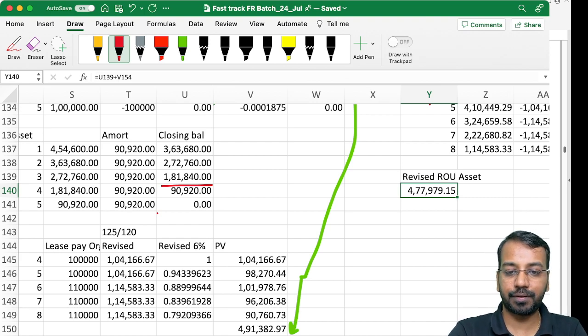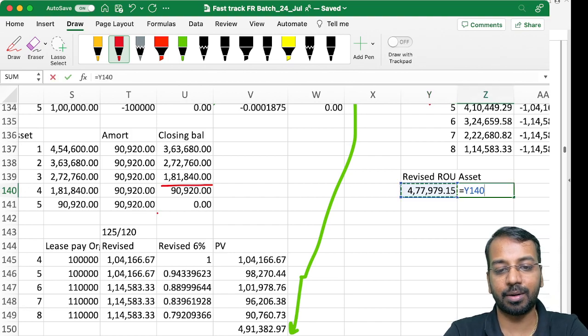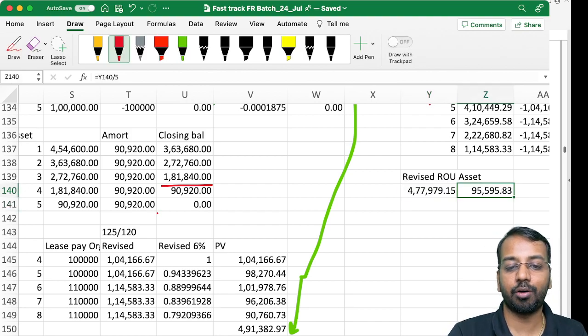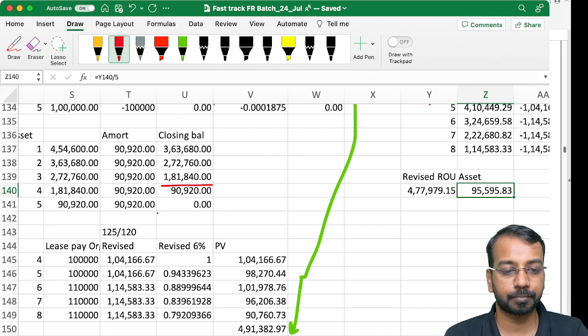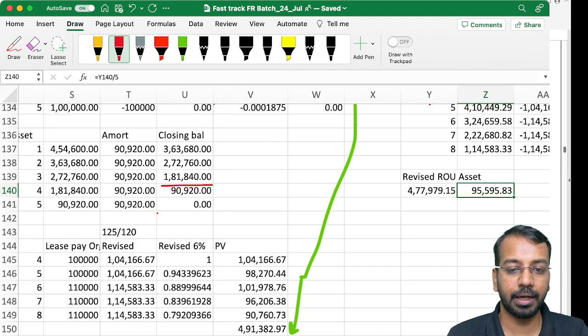So 4th year, 5th year, 6th year, 7th year, 8th year, 5 years of depreciation. Divided by 5, every year amortization now will be 95,595. Clear?